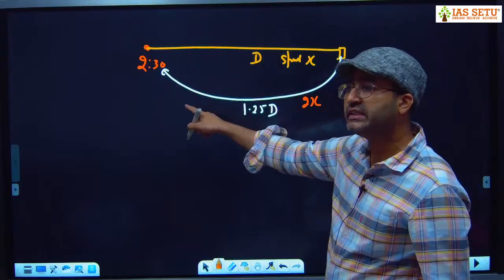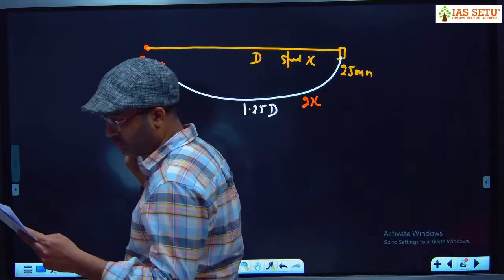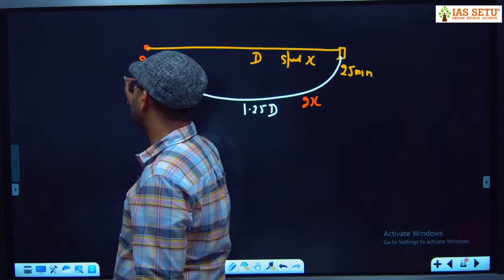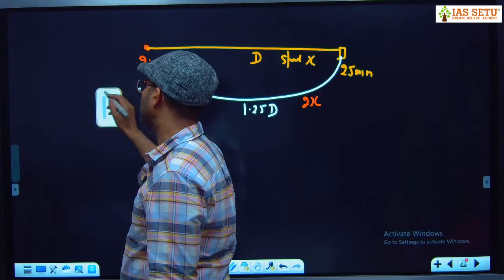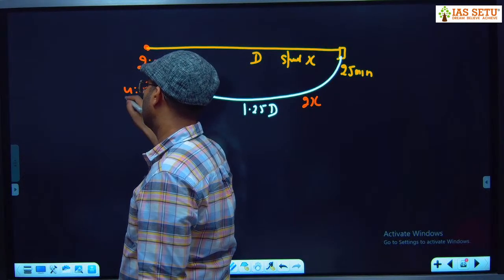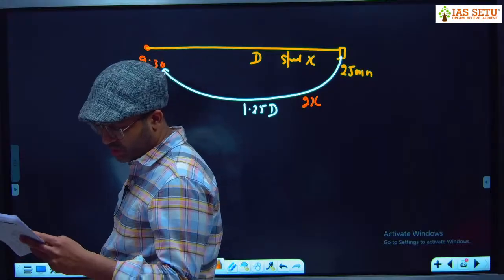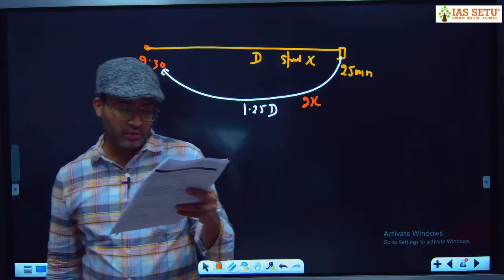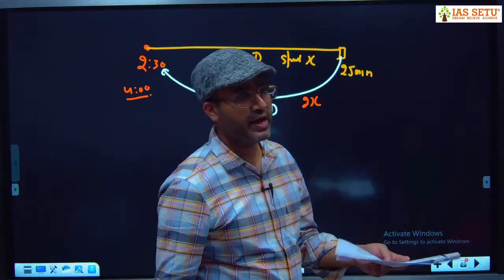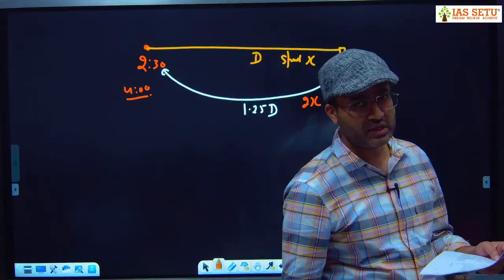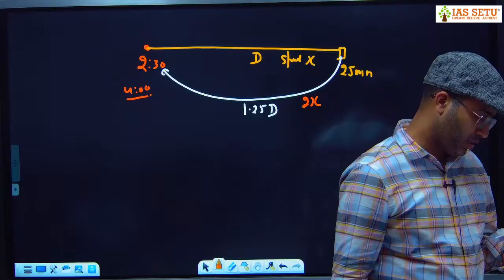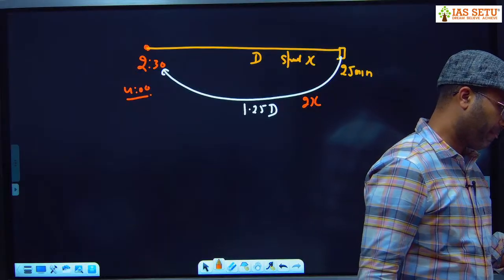And he reached his home back at exactly 4 o'clock. Now we have to see whether the village clock, compared to his home clock, is fast, slow, and so on.